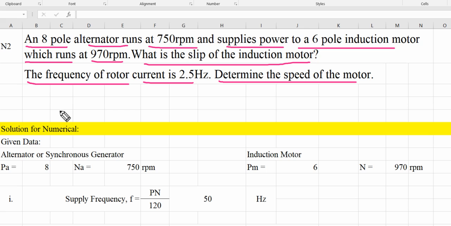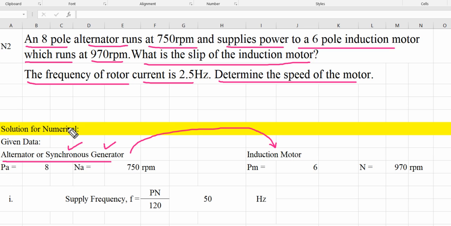For this, we have to write the given data. How many machines are there in this problem? There are two machines. One is the alternator, which is also called a synchronous generator. In some problems, instead of alternator, they might mention the synchronous generator. It will supply power to the induction motor.